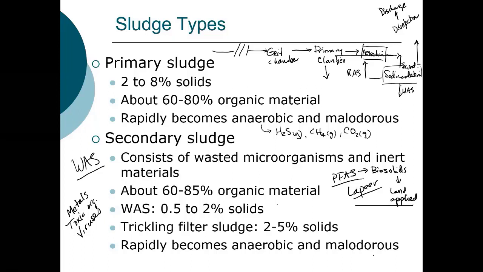So what you will see in the next few years is a lot more concern about these chemicals in the biosolids and how we safely dispose of them. If we land apply, how do these chemicals then migrate through the environment?